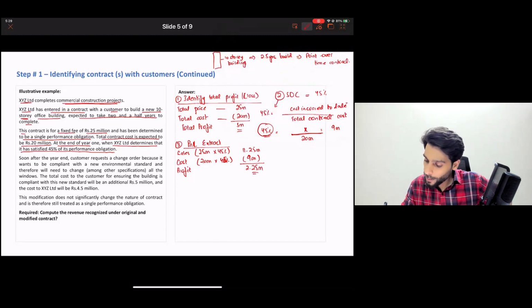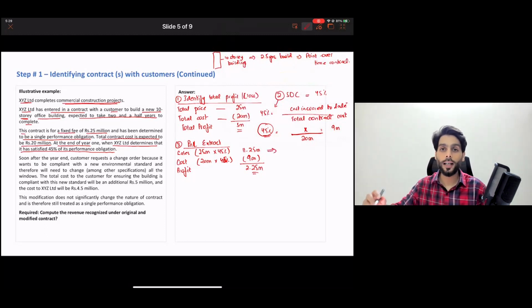And once the company had determined that revenue should be 11.25, what accounting entry would they have prepared? They would have credited their revenue by 11.25 million, and if not actually billed to the customer, it would be a contract asset debit.